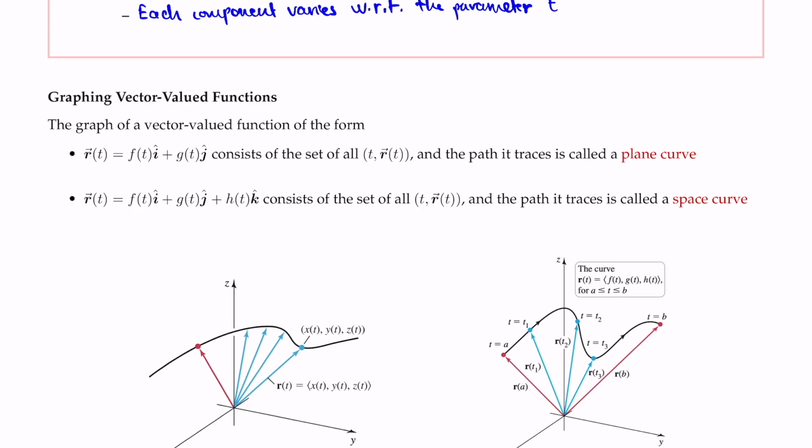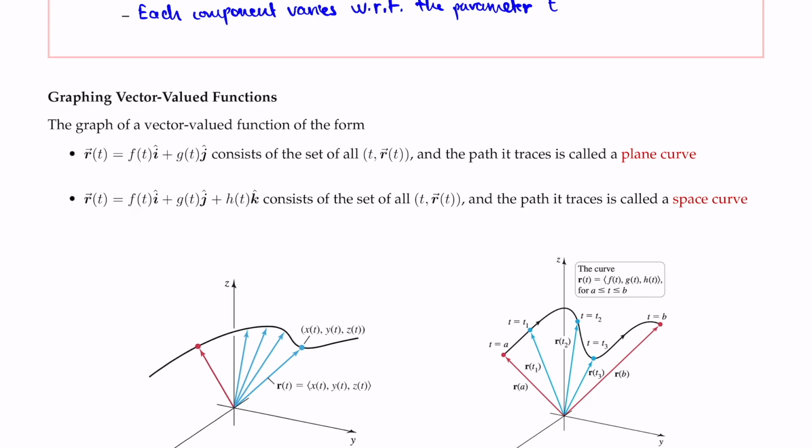We're going to look at an example a little bit later, but this is the definition of a two-dimensional plane curve, where f of t and g of t are the components of the vector value function. The vector value function is written in terms of the standard unit vector form. Similarly, if you define a vector value function in three-dimensional space, it is written as r of t equal to f of t i plus g of t j plus h of t k.